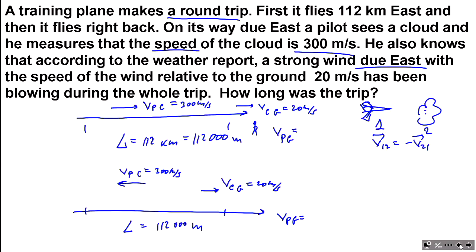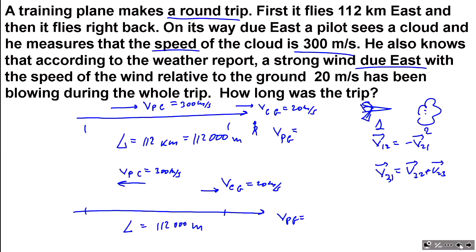Now, the equation in each situation which relates velocities is exactly the same, because the law doesn't depend on the nature of the situation. It's the same law: velocity 3.1 equals velocity 3.2 plus velocity 2.1.